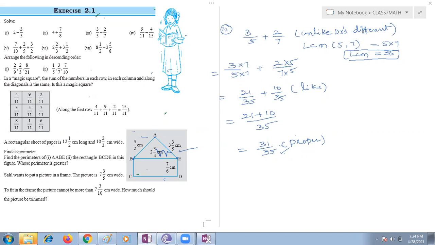Ma'am, no, ma'am, it's 2 3 by 10. I just gave a gap because I was not able to type the mixed answer. Raghav, why are different answers coming? No, ma'am, that's not 2 3 by 4. It's 2 3 by 5. I typed it again. Okay, 2 3 by 5. Let me check why different answers are coming here.